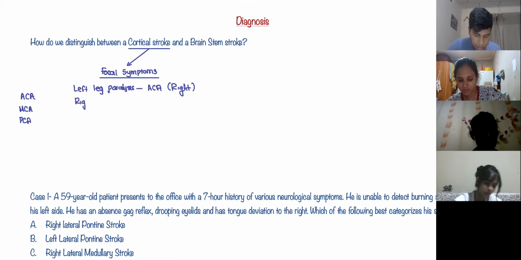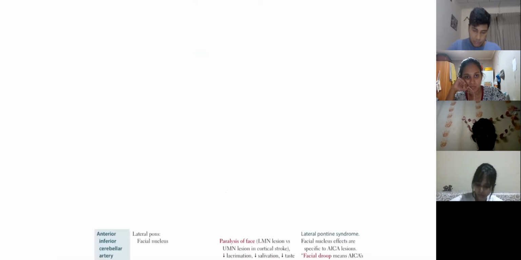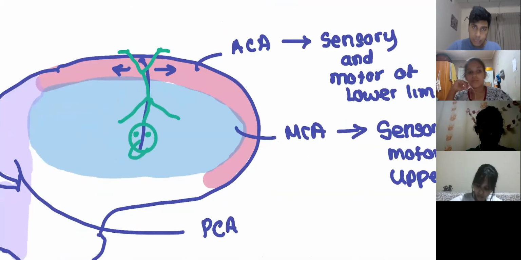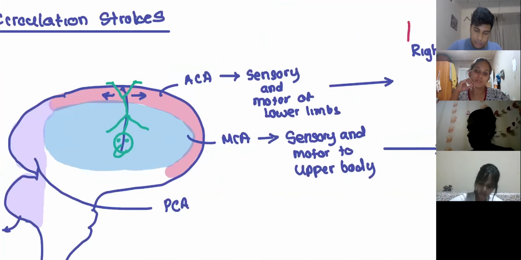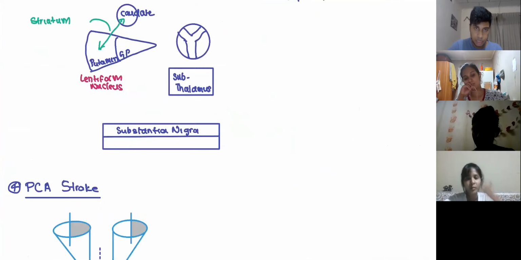If the right face is paralyzed, or paralysis, sensory loss, right face. Remember this, MCA, the left side. MCA of the left side. Remember these diagrams? Middle cerebral artery. The legs and the lower limbs are from the ACA. I explained these.